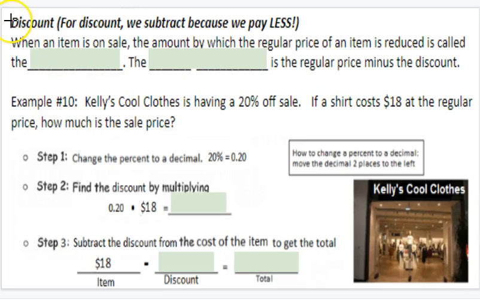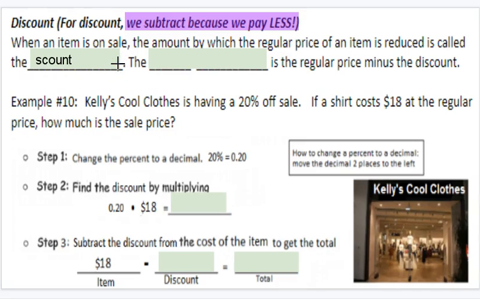A discount or a markdown, either way, you can call it either one of those, is when we subtract because we're paying less, okay? So when an item is on sale, the amount by which the regular price of an item is reduced is called the discount.